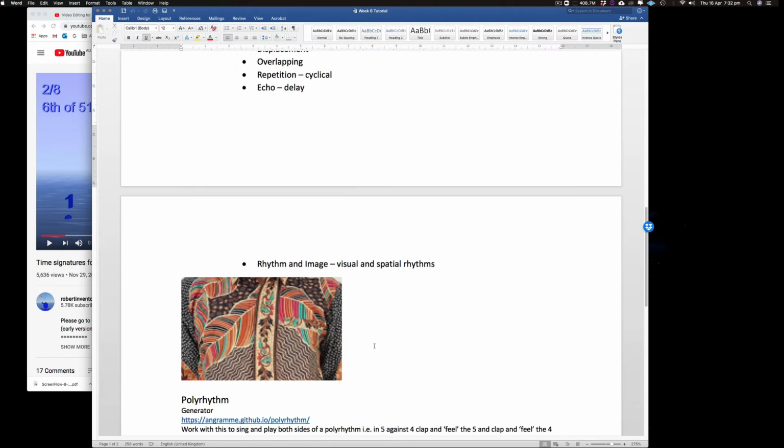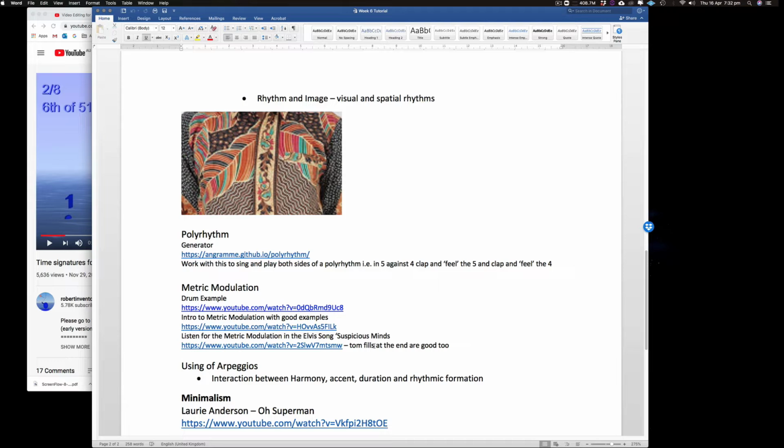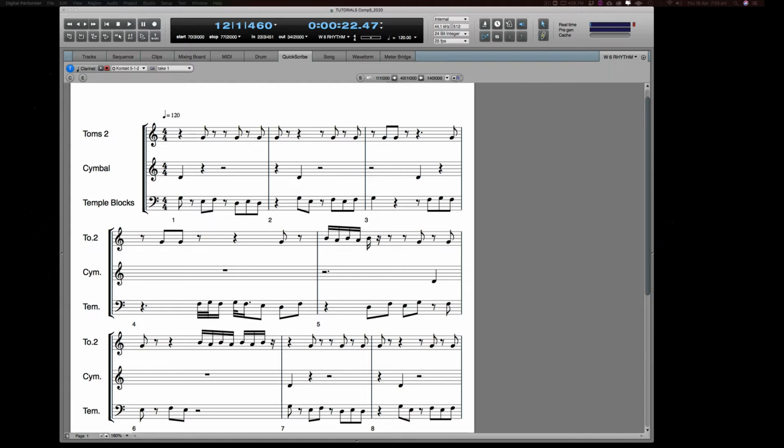So what I'm suggesting is that when you do the lecture and the tutorial, you should have a printout of the notes that I've sent you. I will put this in the email that I send out to you. The notes accompany the video, of course. That's elementary, dear Watson.